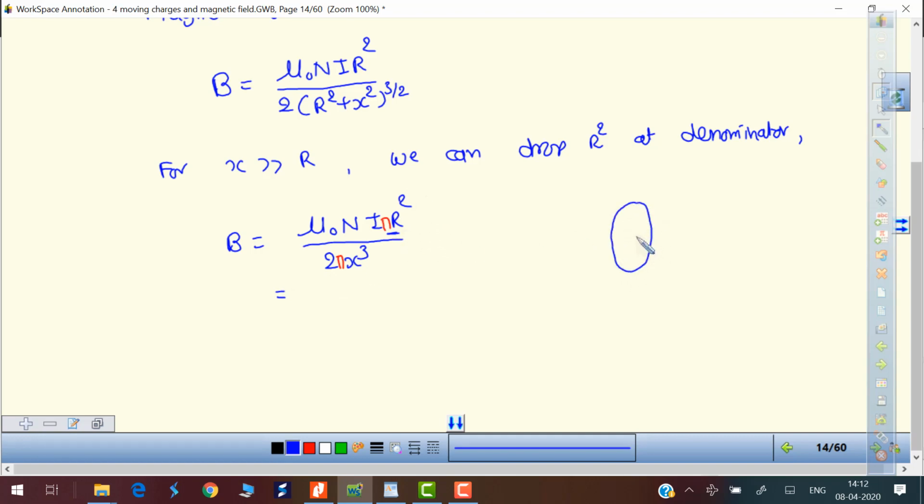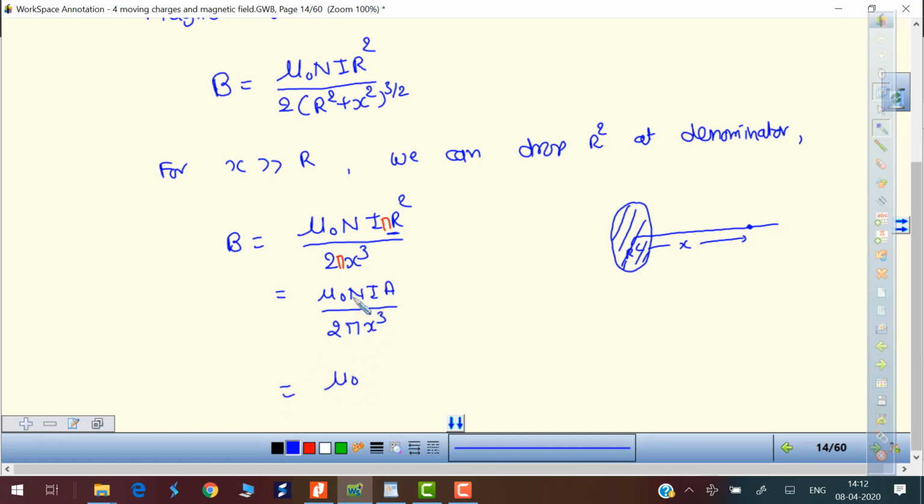Just I remind you, this is the coil and this is the radius r. This is the distance x. This is the point. X is large compared to r. So pi r square gives the area of the coil. So I write mu 0 N i A upon 2 pi x cube.